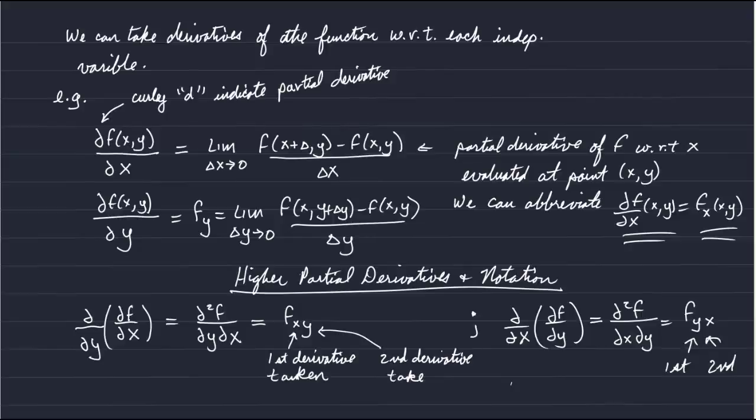Okay, and we can also take the derivative of f with respect to x twice, and that's the second partial with respect to x twice, also written as f sub xx.